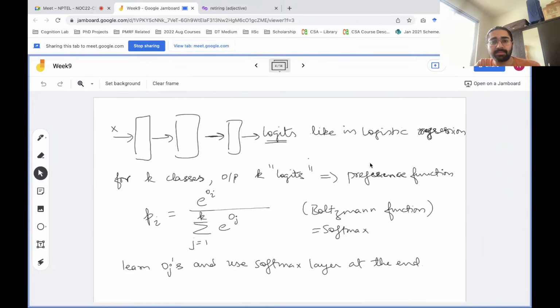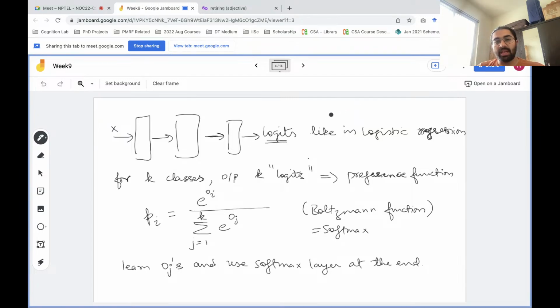So for example, we have some neural network like this, where we give some input x and get the logits for the particular class for that x, like in logistic regression, because what you model there is basically the ratio of belonging to one class compared to the other class.